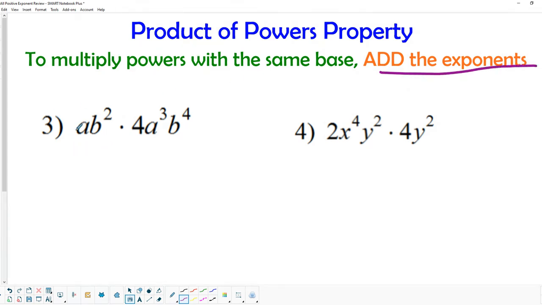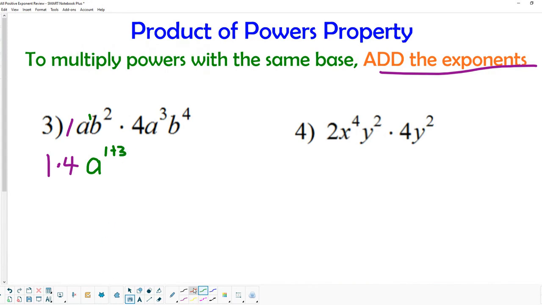In this case, we've got a 1 out in front of this expression. Remember, when you don't have any numbers, you just put a 1 there. So we're going to have a 1 times 4 for our coefficients. Then we're going to have an a to the 1st power right there, plus that 3 that's on the next one over.